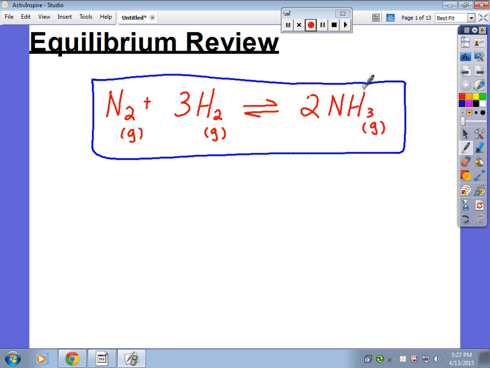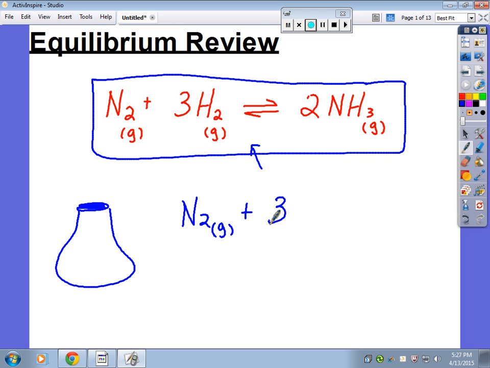closed container. But if I have a container that's got a cork in it, and I've got a reaction going on inside, okay, and there's a bunch of gases in here, I could put N2 gas, we're looking at this above equation in this box right here, and H2 gas, and it would react in this ratio, and the forward reaction, N2 and H2, would produce NH3 in this ratio, always, okay?